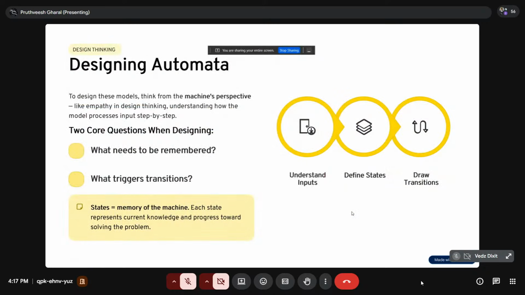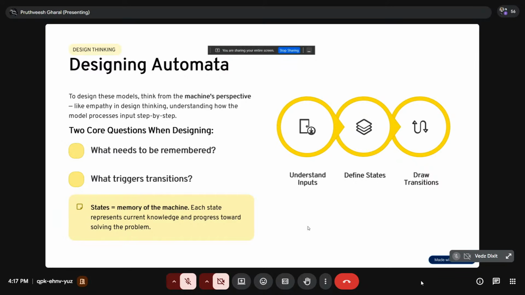Now we'll study how to design these machines. In the exam, they are going to primarily ask us how to design these machines. And before I start, one trick I have read is to think from the machine's perspective.